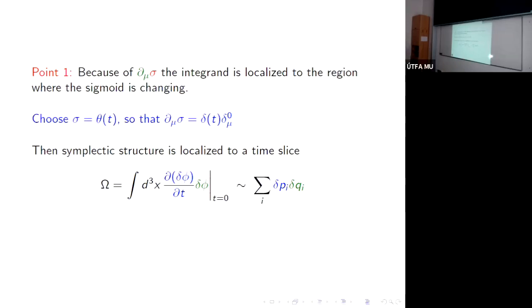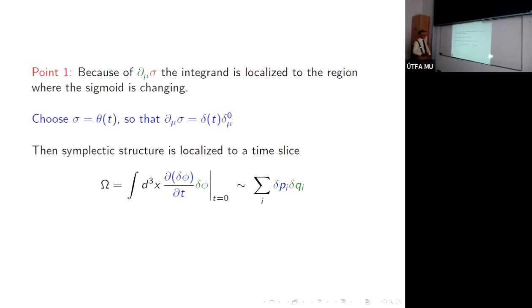Actually, we can reproduce the time slice exactly if we choose the sigmoid to be a step function, which is 1 in the future of time equals 0 and 0 in the past. Then you take this derivative and you find a Dirac delta function times a Kronecker delta, which sets the index equal to the time direction.